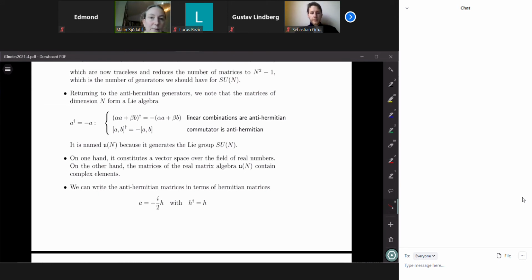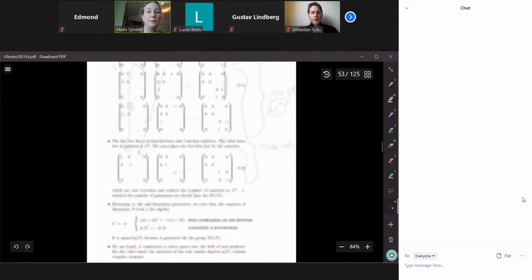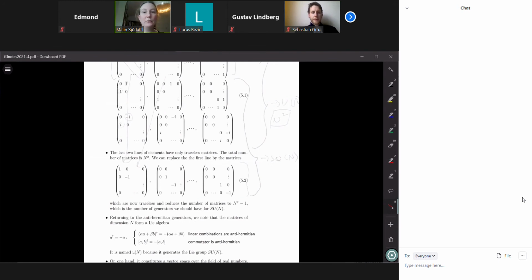Of course, I was not quite clear here. These summation matrices are the physicist's choice. The algebra is actually not the physicist's choice, because then in the commutator we have this little i. The algebra is the mathematician's choice, without the i in the commutator and with anti-Hermitian matrices instead.